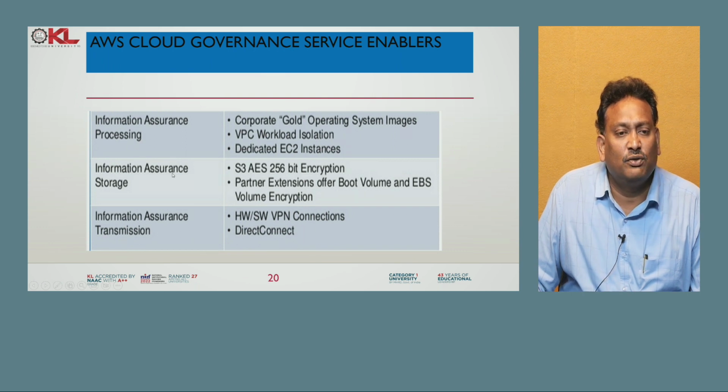And for information assurance storage, we have S3 AES 256-bit encryption, partner extensions offering boot volume and EBS volume encryption. For information assurance transmission, we have hardware or software VPN connections, Direct Connect.